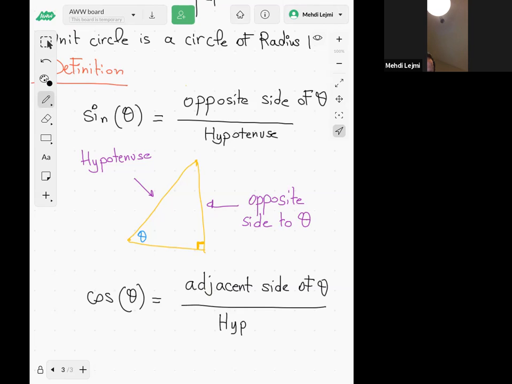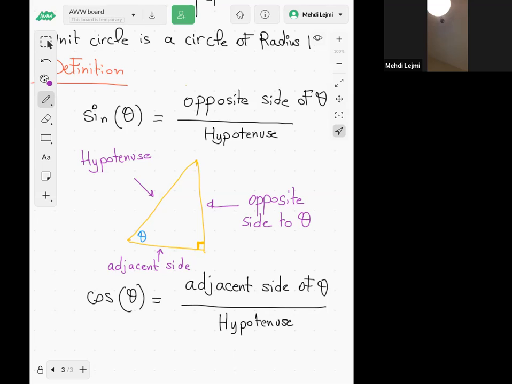Where is the adjacent side? It's the side next to the angle theta which is not the hypotenuse, of course, but this one here. That's what I call the adjacent side.